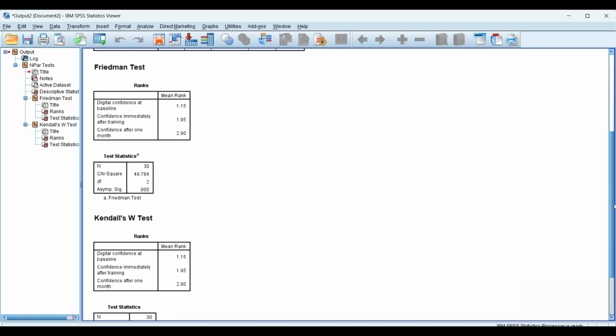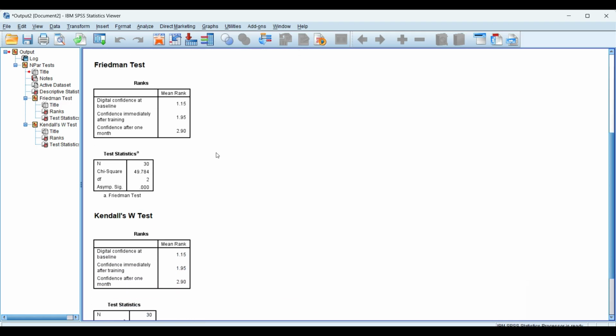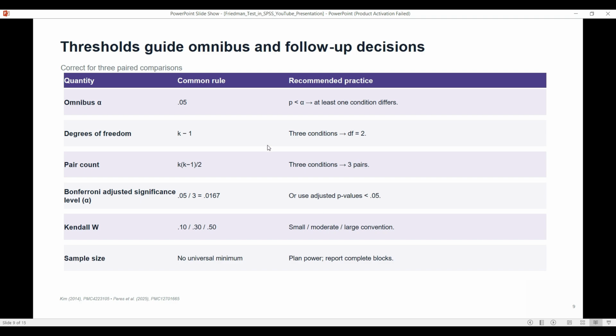We also see the significance level, where the p-value is 0.000, which is lower than 0.05, our criterion. You can see here this is the alpha value, and our p-value is lower than this one.